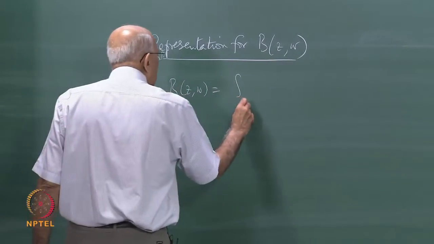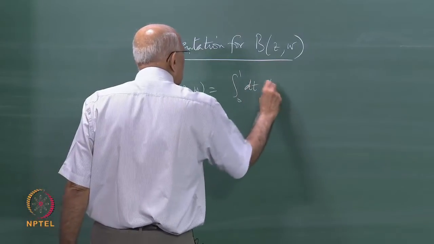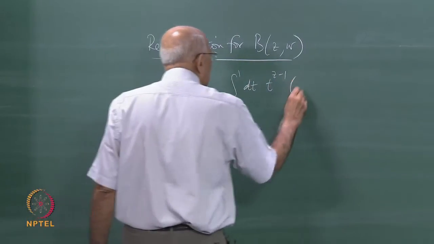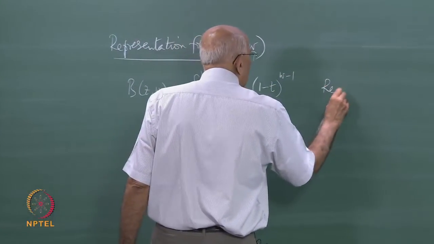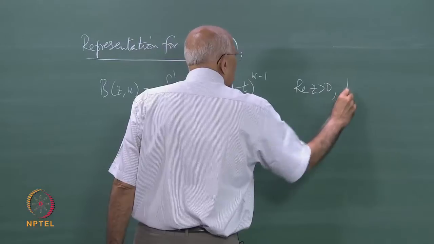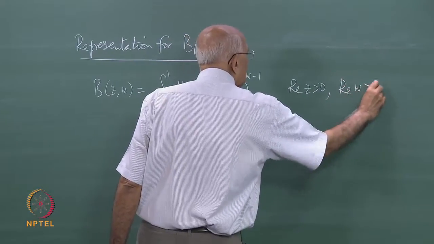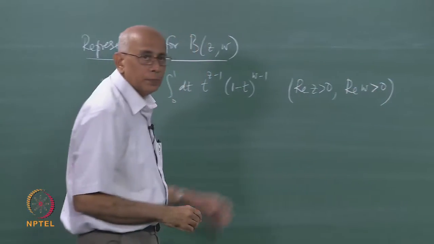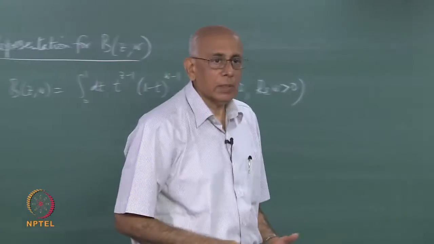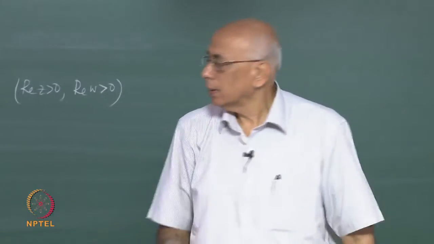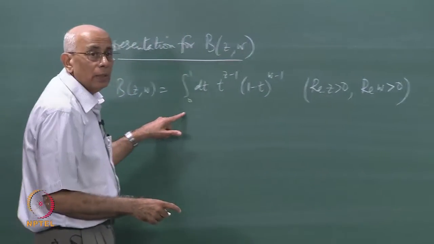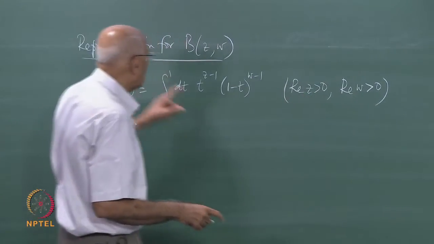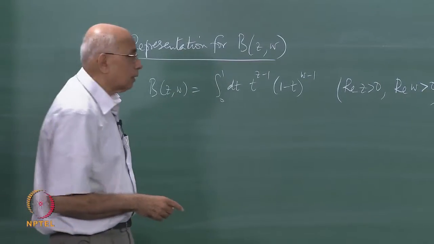This was equal to the integral from 0 to 1 dt t to the power z minus 1, 1 minus t to the power w minus 1, with the caveat that real z was greater than 0 and real w was greater than 0. Okay. So that was our original defining representation, and we need to keep this condition so as not to run into trouble at the lower end of integration, and this so that you do not run into trouble at the upper end of integration.